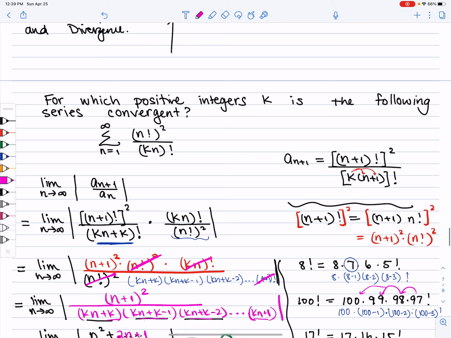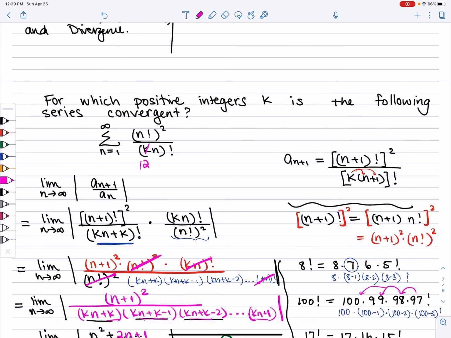But if I let k be equal to 2, then it'll converge. Or if I let it be 12, then it'll converge. If I let it be equal to 122, it will converge. Why? Because I just found all the values of k for which this series is convergent.